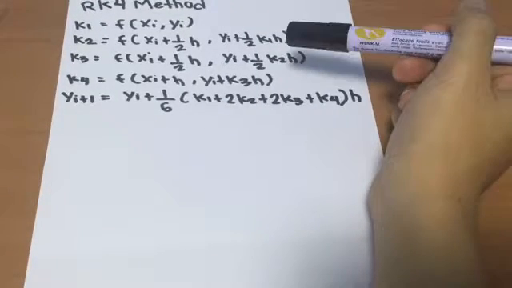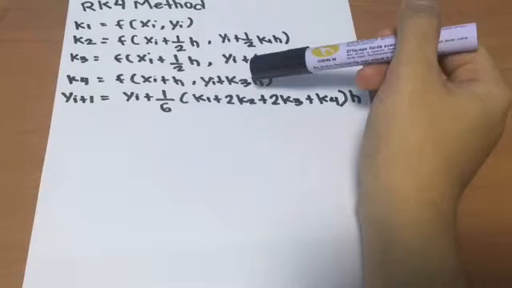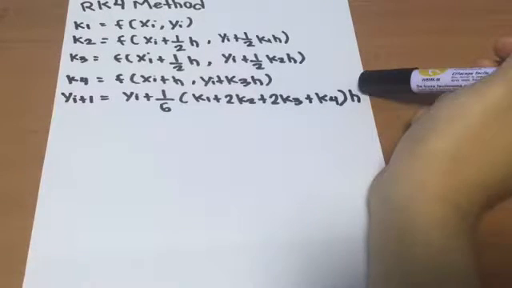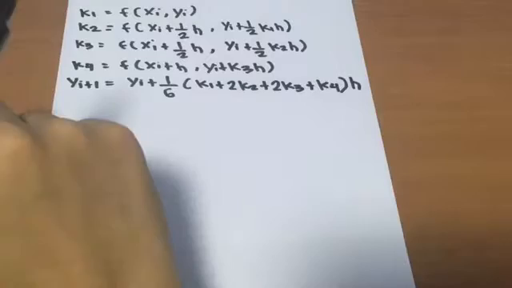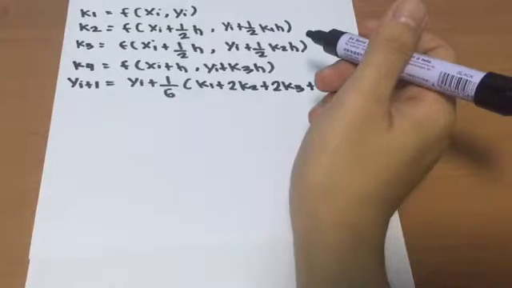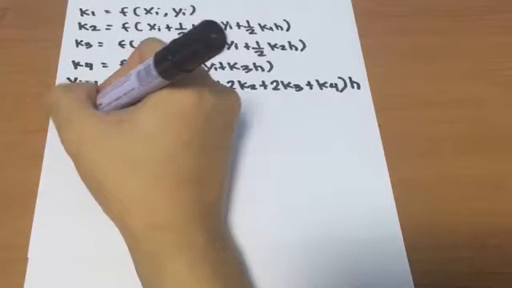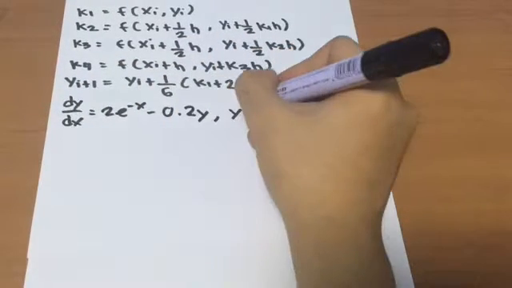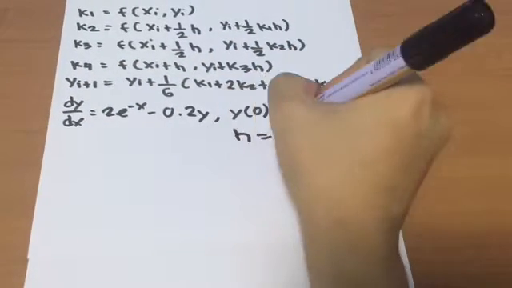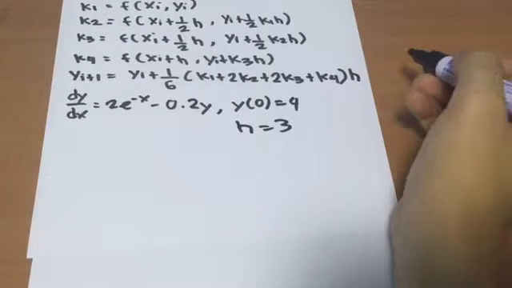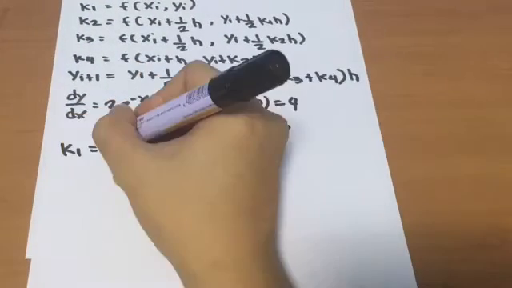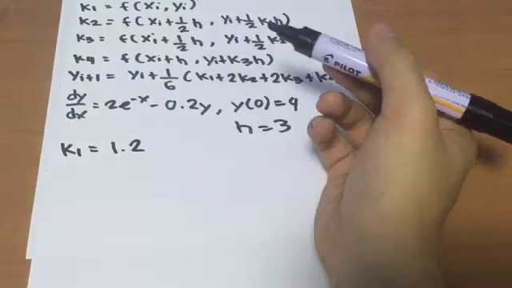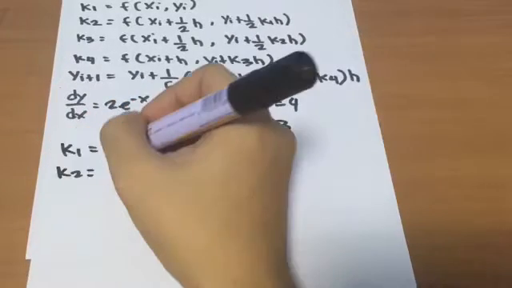So our yi plus 1 would be yi plus 1/6 times k1 plus 2k2 plus 2k3 plus k4 times our step size h. So just like our previous methods, we would have the same equation, and still, guys, please still remember that we can only solve the ODE when it is in the form of dy over dx.